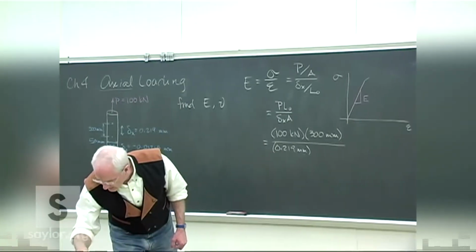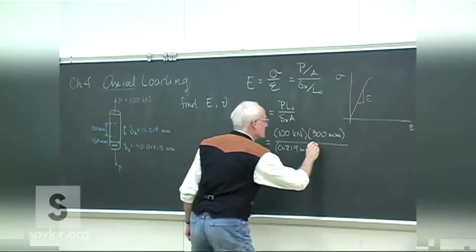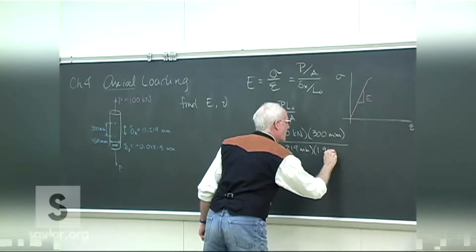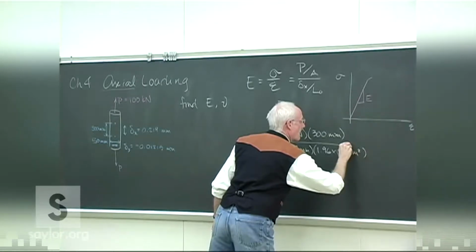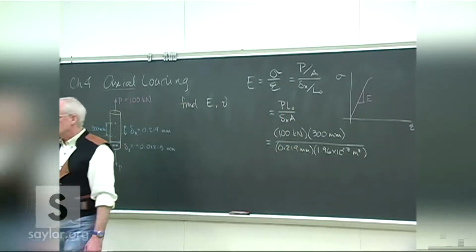I think I have that already. Yeah, 1.96 times 10 to the minus 3. That's just, of course, pi r squared.